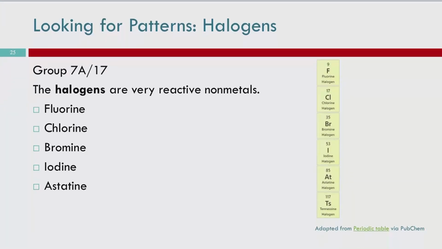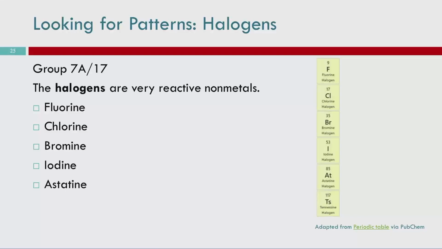Skipping over a bunch of our periodic table, going to the second to last column, we have the halogens. So 7A or 17 is the halogens, and these are very reactive nonmetals. There's a cool video, I think it's by the Royal Society of Chemistry.